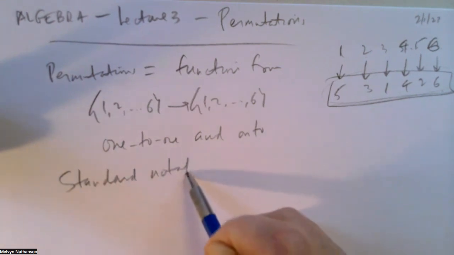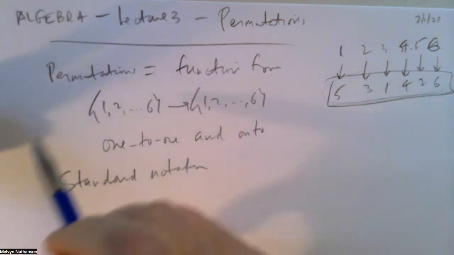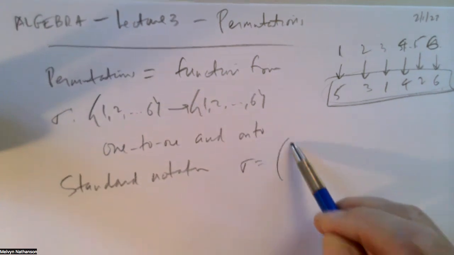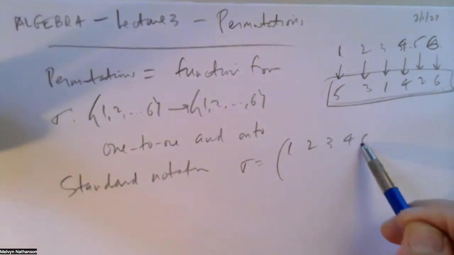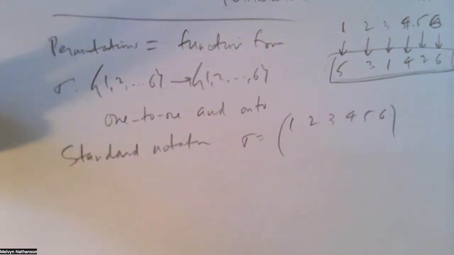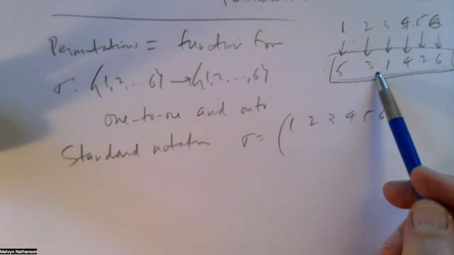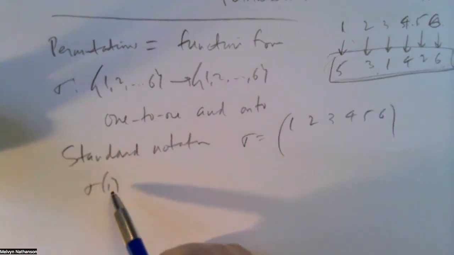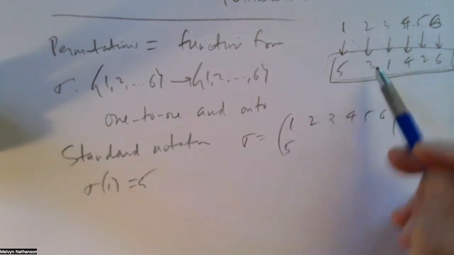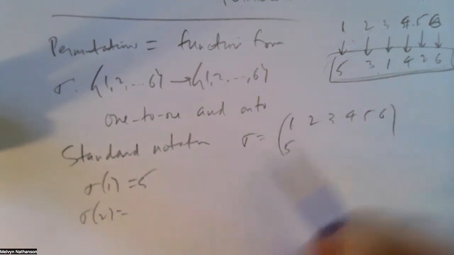And what is the standard notation for a permutation? Let's say we call this permutation sigma. We write 1, 2, 3, 4, 5, 6, and where each number gets sent to. So in this example, sigma of 1 is equal to 5. We put a 5 here. Sigma of 2 is 3, so we put a 3 here.